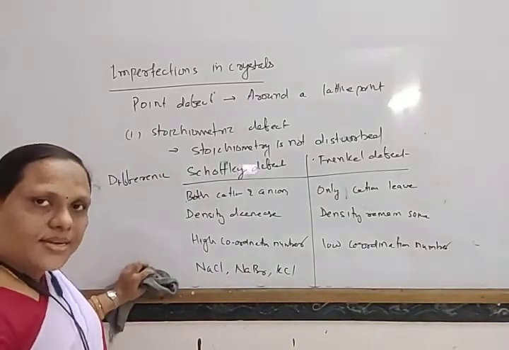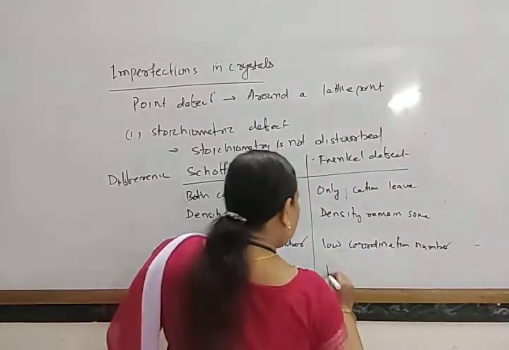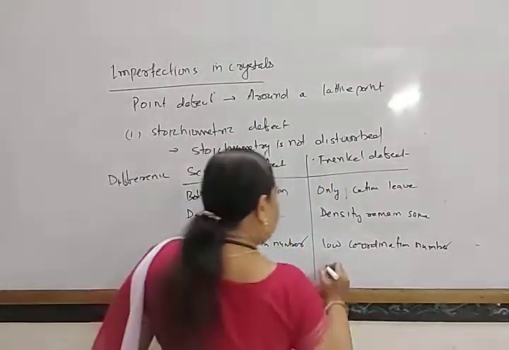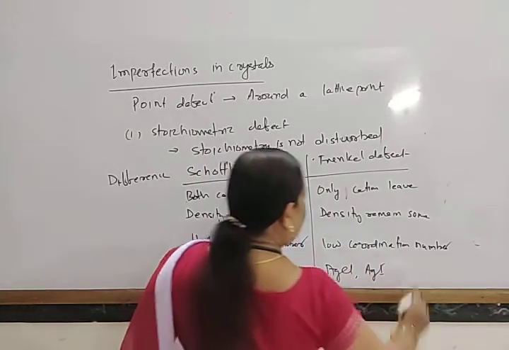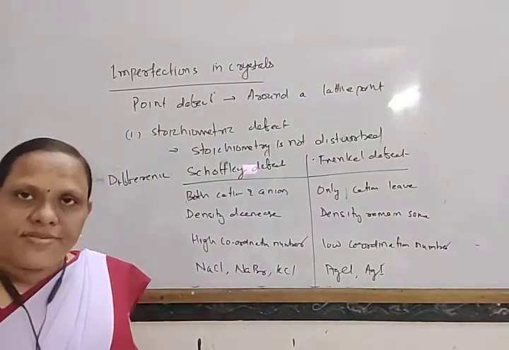And generally in silver halides, that is silver chloride and silver iodide, Frenkel defect arises.